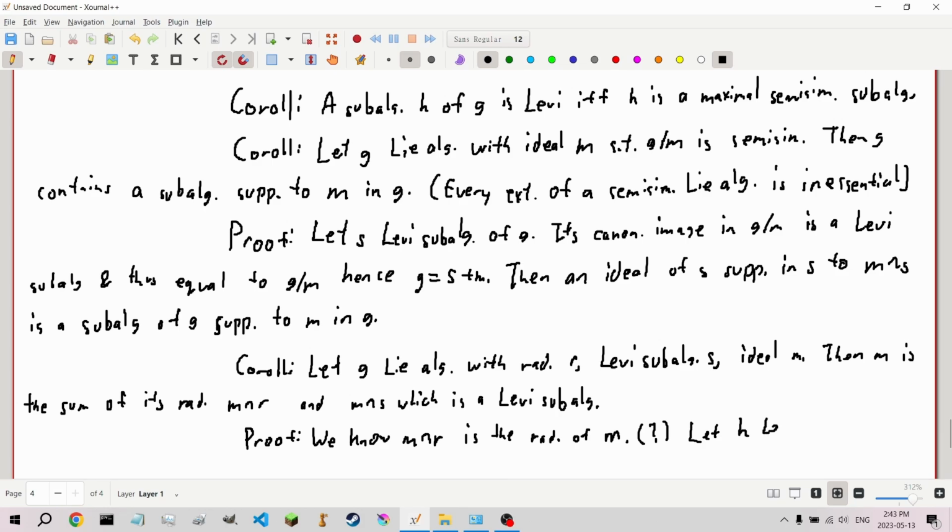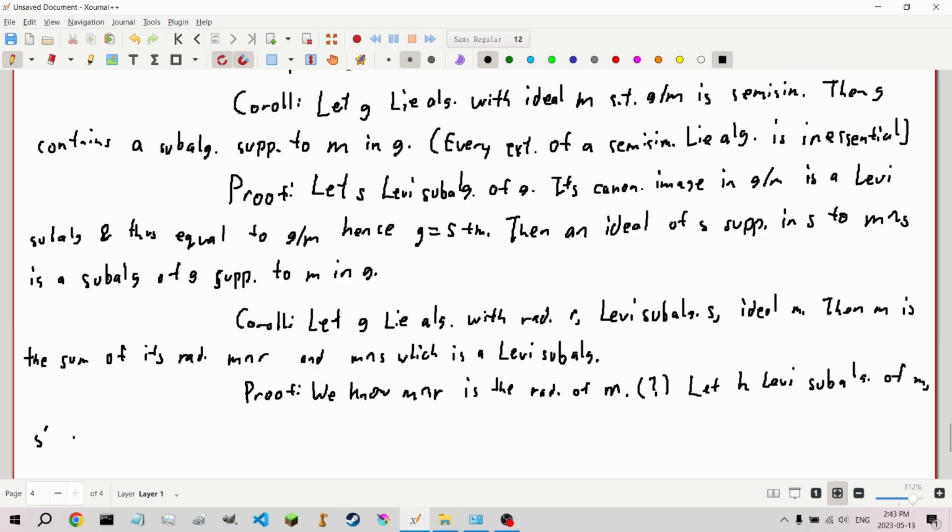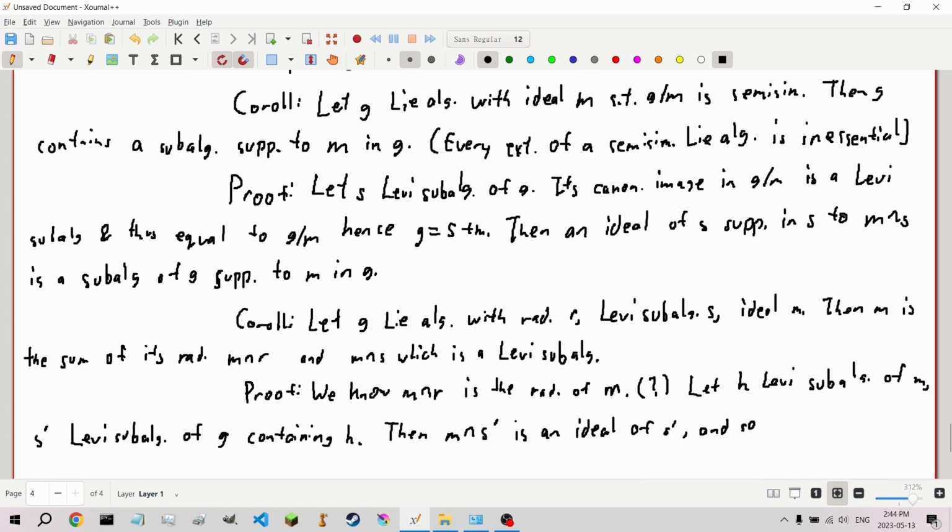Let H be a Levi subalgebra of M and S prime a Levi subalgebra of G containing H. Then the algebra of M intersection S prime is an ideal of S prime, and so semi-simple.